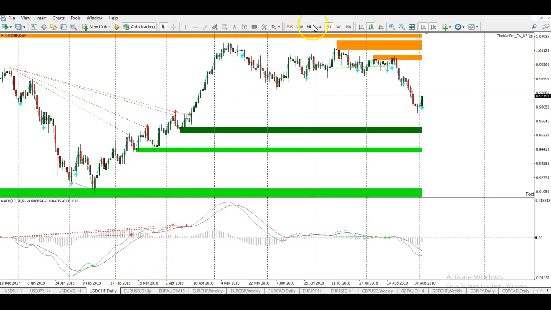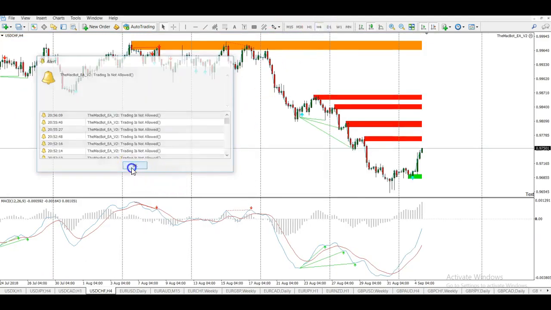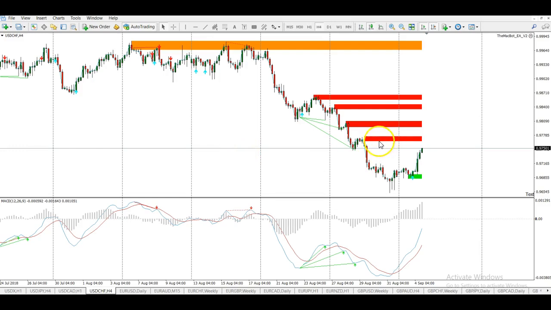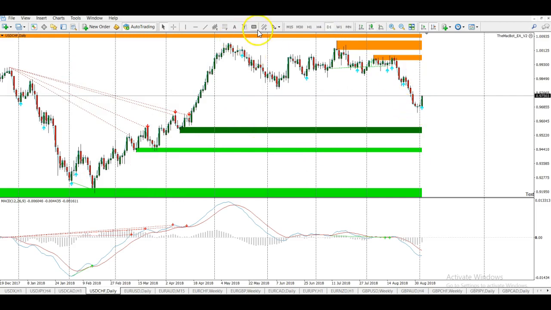Okay, USD Swiss franc. We're not at a daily. Last daily is down here. On 4 hour, we are approaching the 4 hour area here, but the nearest daily, I would classify this as a daily also. This is a 4 hour area.